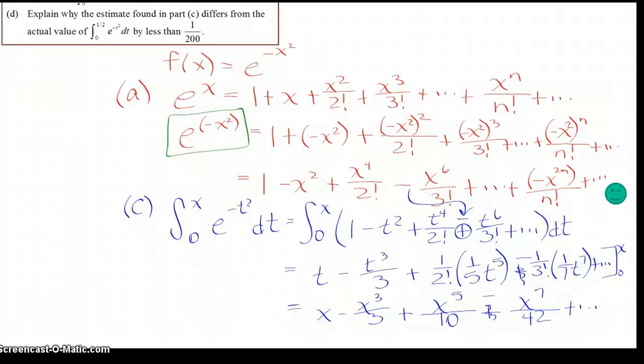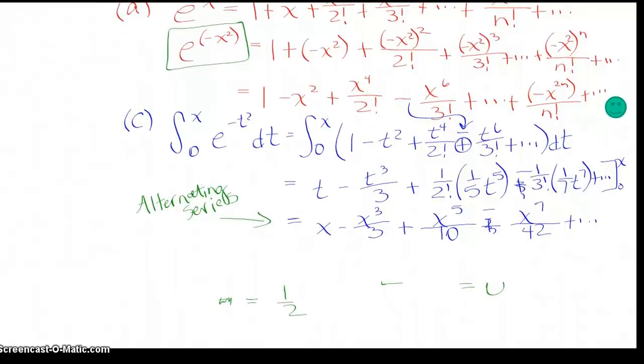It says explain why the estimate found in part C differs from the actual value of the integral by less than 1/200th. This is their way of getting you to recognize that you're dealing with an alternating series. Notice this is an alternating series. And we know the alternating series error has to be less than or equal to the next term.